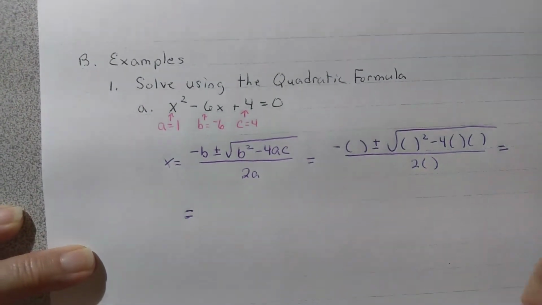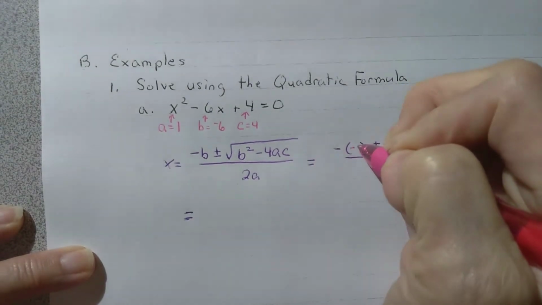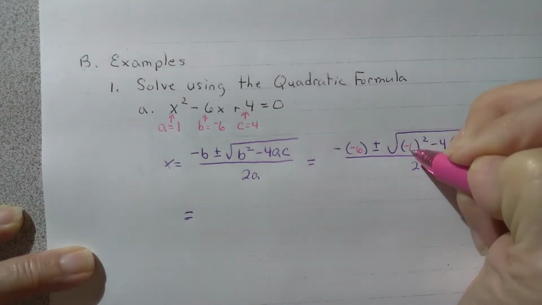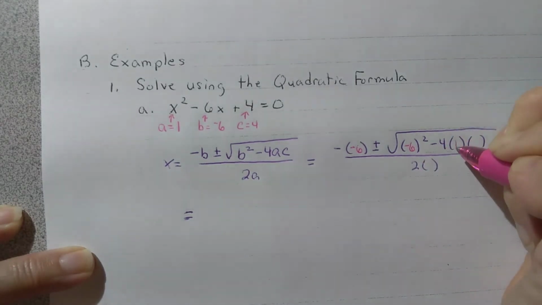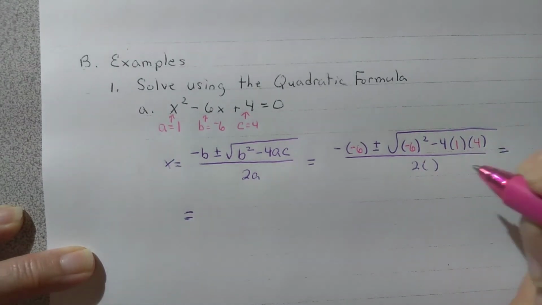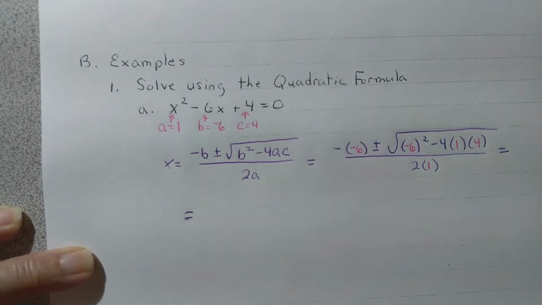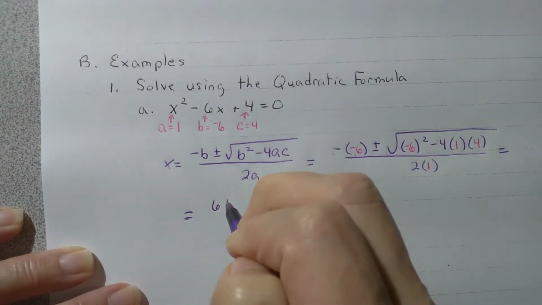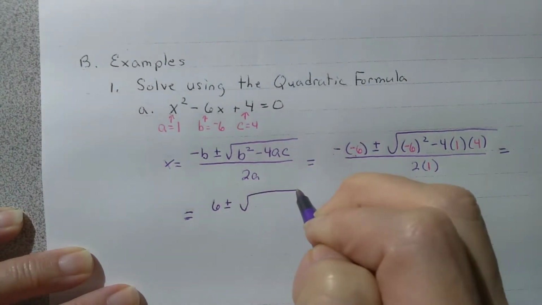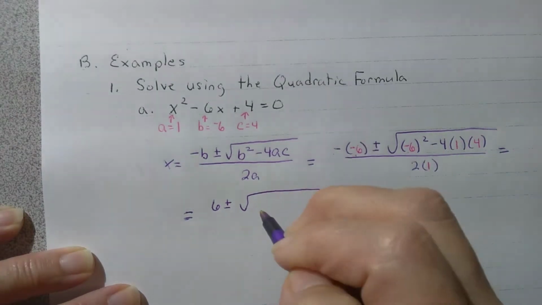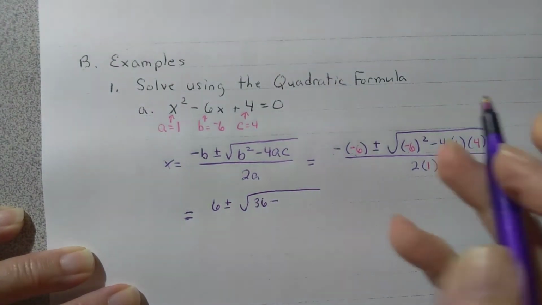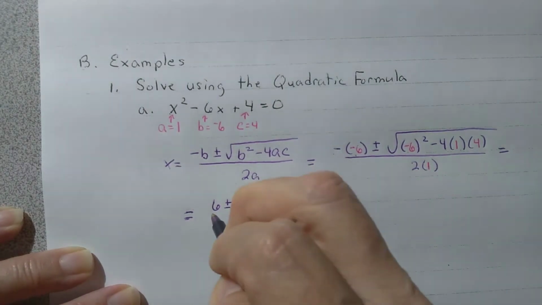So we have B is -6, B is -6, A is 1, C is 4, and A is 1. And we are ready to just simplify this. The opposite of a negative is a +6. -6 squared is 36. 4 times 1 times 4 is 16.